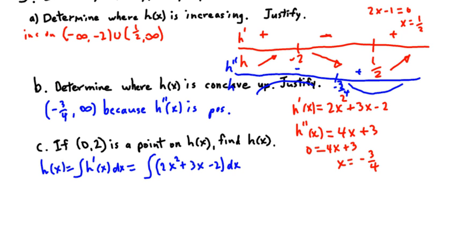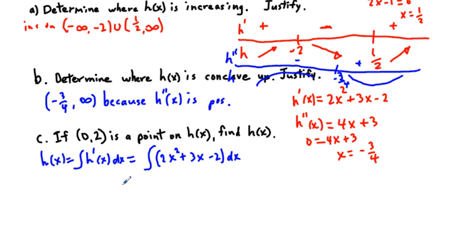So I'll leave myself a little room here. That's equal to 2 times the integral of x squared dx plus 3x dx minus 2 dx.